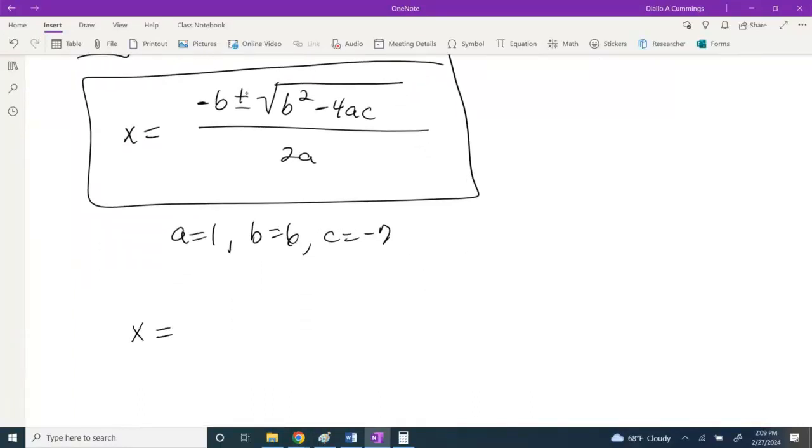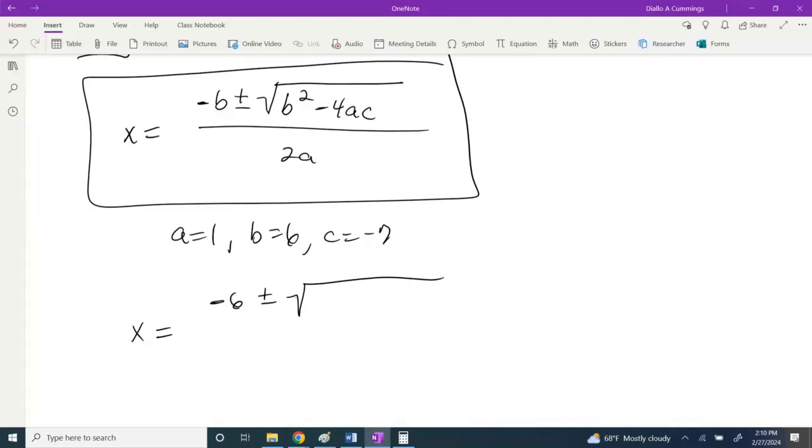So x is equal to negative 6, right? Because in that formula, it's negative b, and we're substituting b with 6. Plus or minus, now this plus or minus separates out our two answers toward the end.